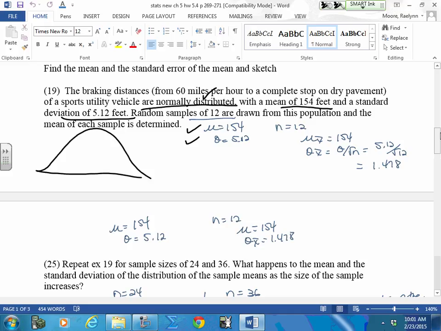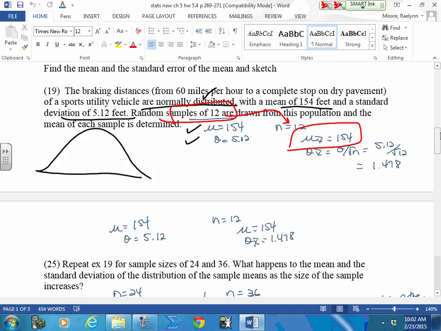It's going to look like this. Right? A random sample of 12. This is our sample. We keep pulling out these samples of 12, and we calculate their mean for each one. Then we calculate the mean of all the samples. The mean has to be exactly the same, but the standard deviation will change.